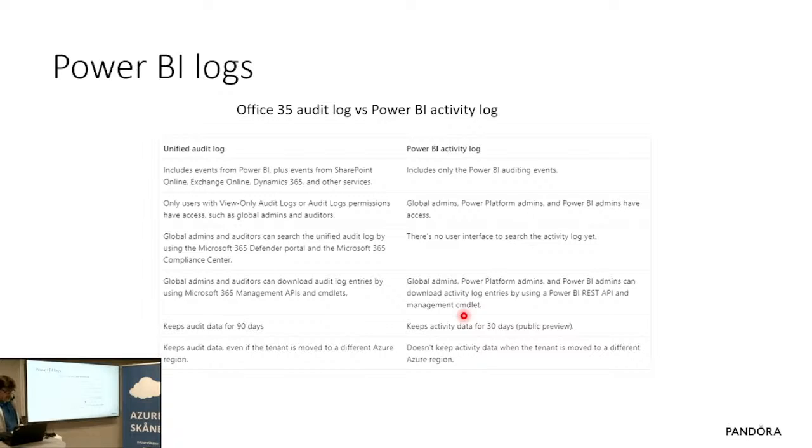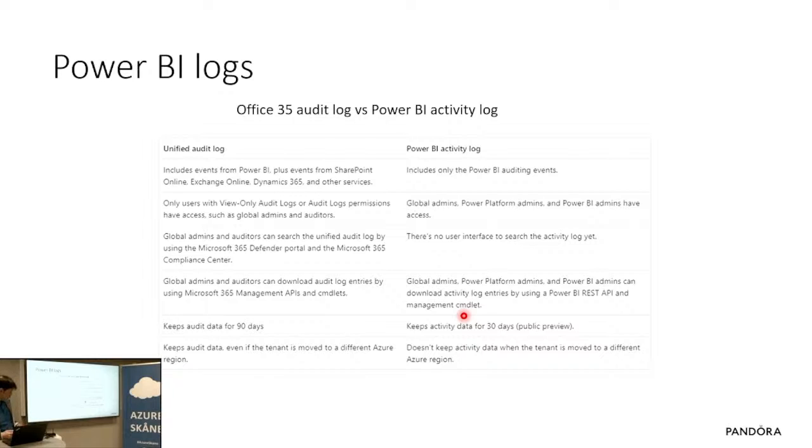Coming to Power BI, I'm not going into details, but it's pretty much the same. You can go to the Office 365 portal, where again you can download the audit log, and it has the same structure as for SharePoint.